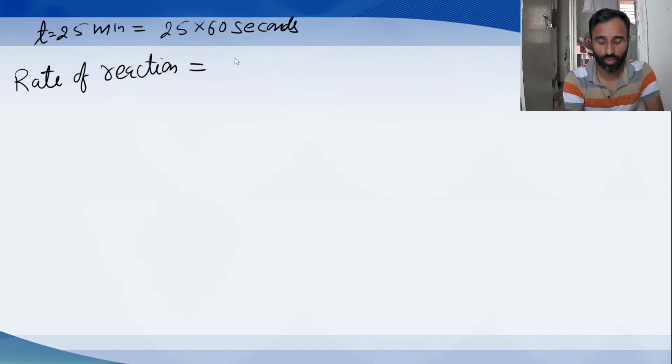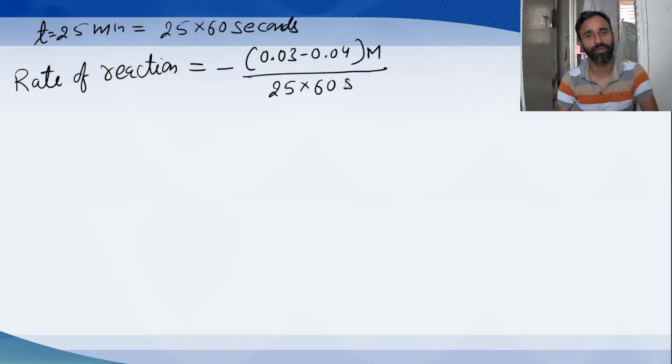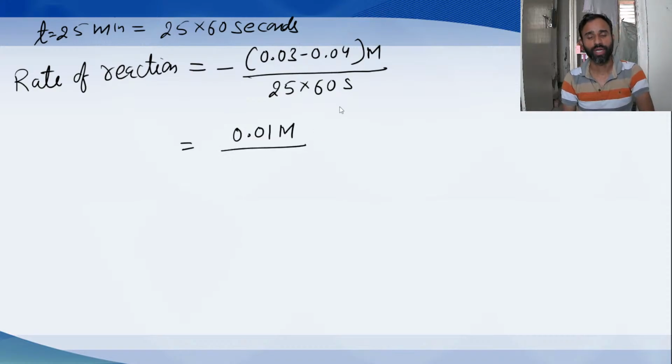So it is again minus 0.03 minus 0.04 molar divided by 25 into 60 seconds. What is the value? 0.01 molar divided by 25 into 60, that is 1500 seconds.